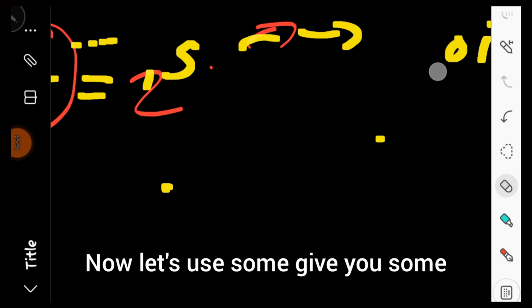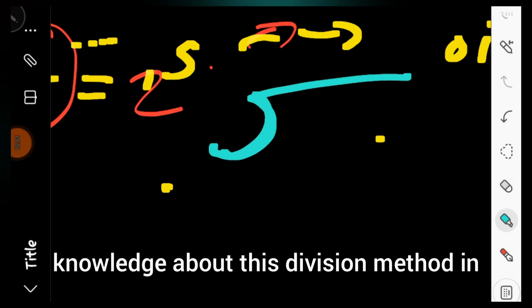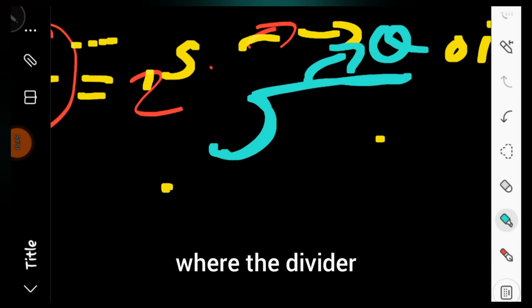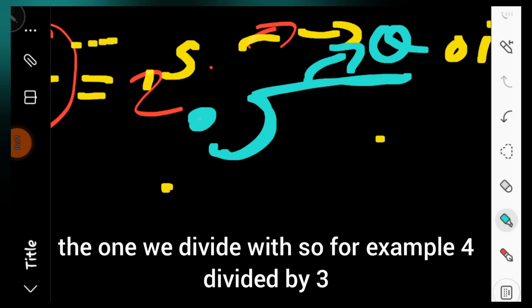Now let's give you some knowledge about this division method. In this place is kept the number we divide with, the divisor.